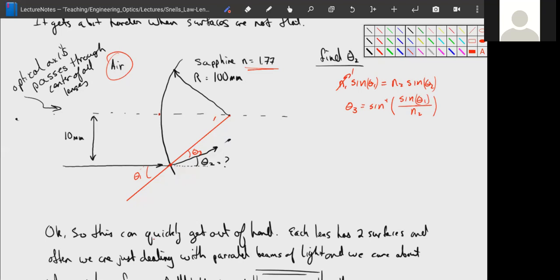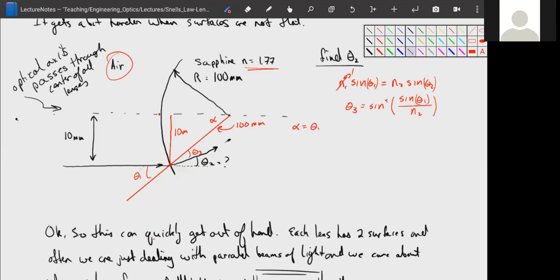We know that this angle here is equal to theta 1, so alpha is equal to theta 1. So we can figure out alpha. We know this length here is 10 millimeters, and this radius here is 100 millimeters.